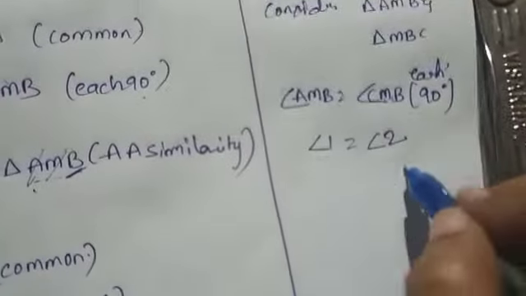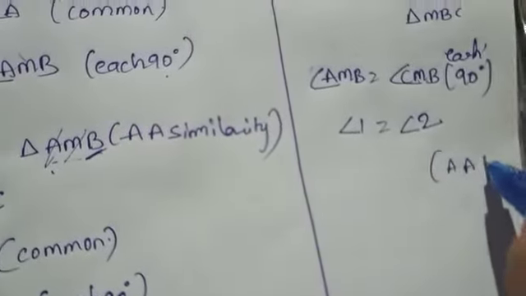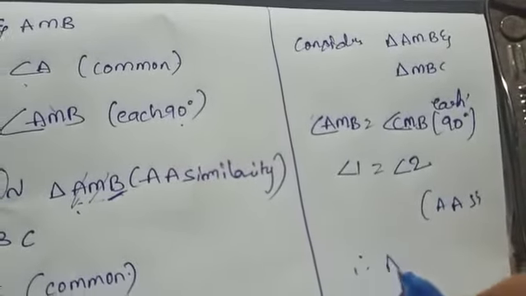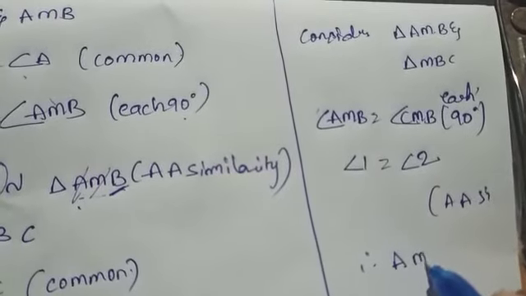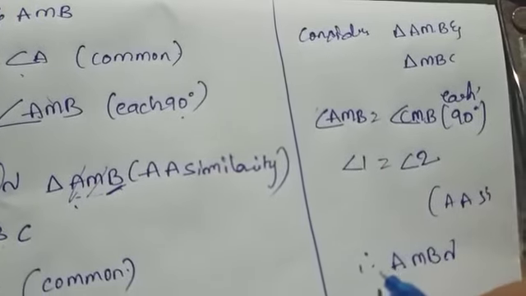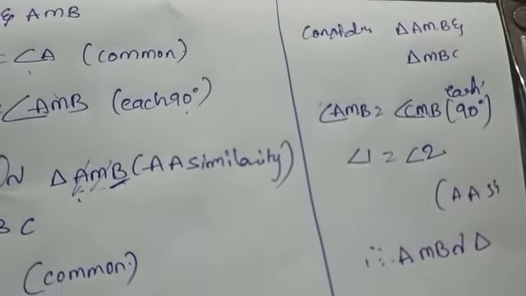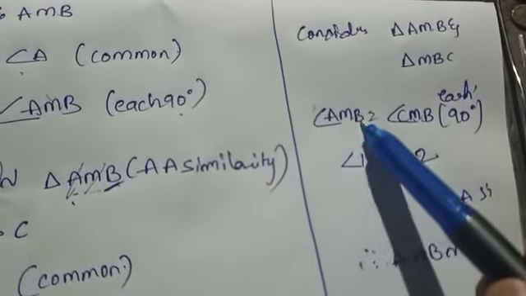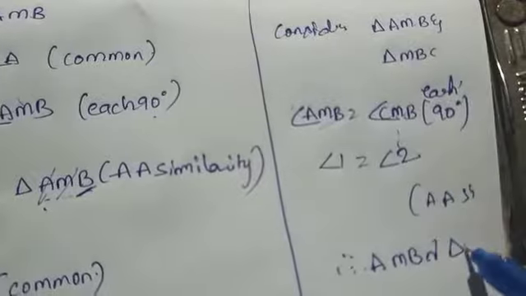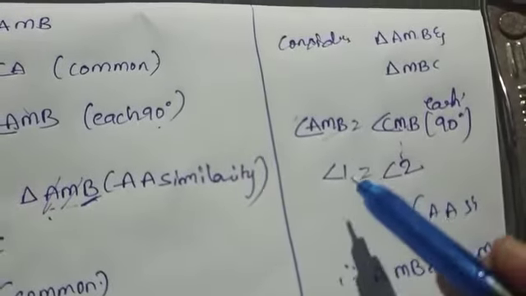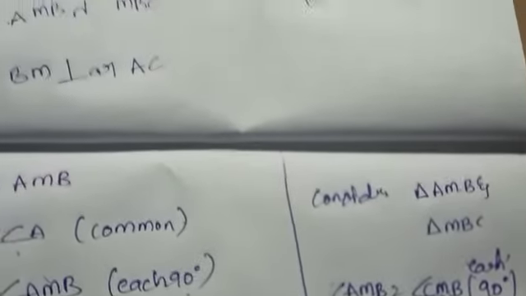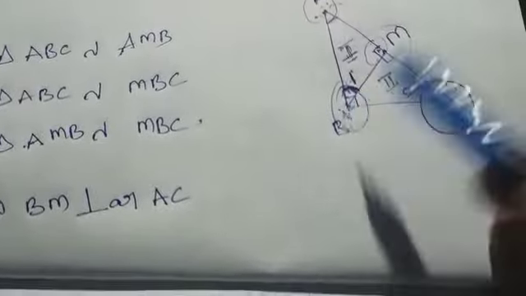Here using the angle similarity criteria, triangle AMB is similar to triangle BMC, M equal to M.